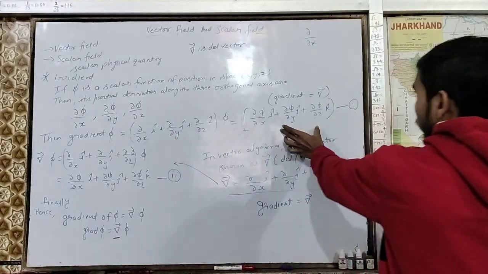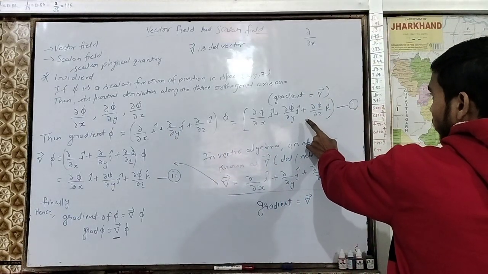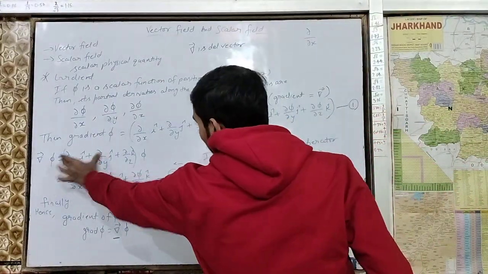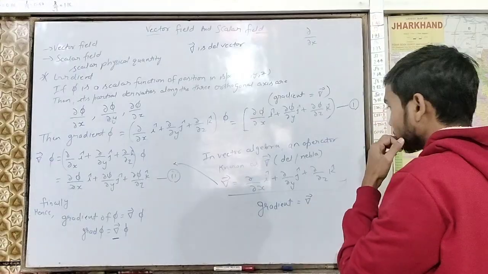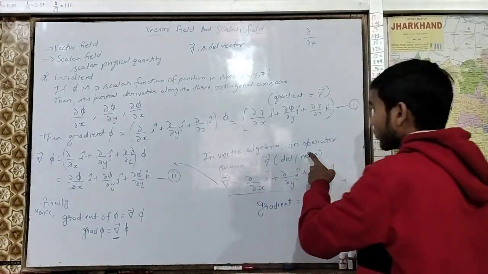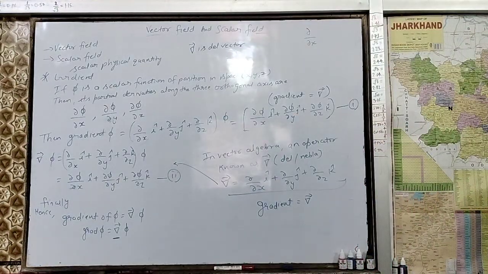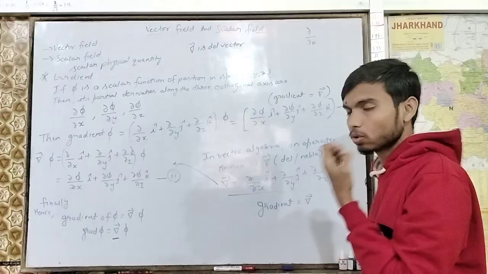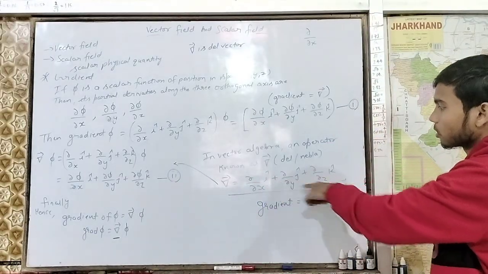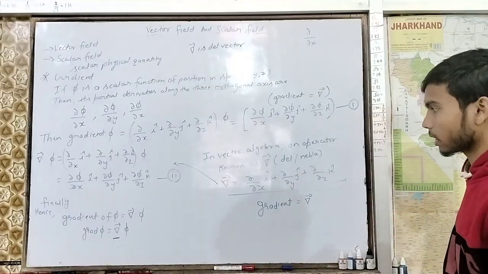Then we simplified it, and we put it as equation number 1. Then we said that in vector algebra an operator known as the del operator, also called nabla, is equal to partial derivatives along x, partial derivatives along y.